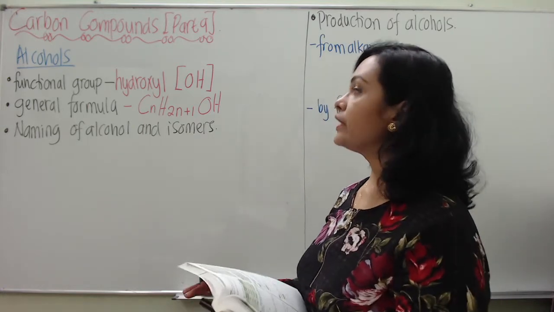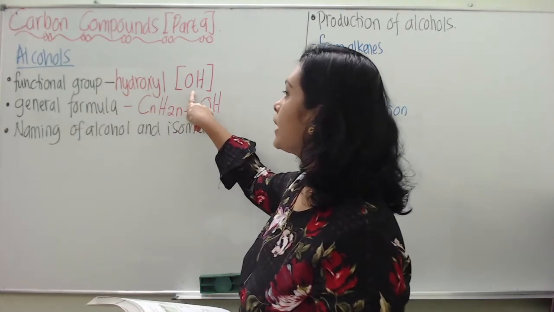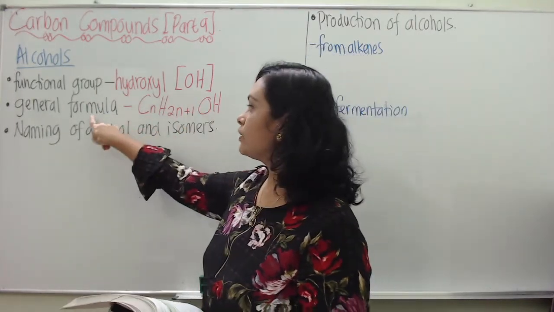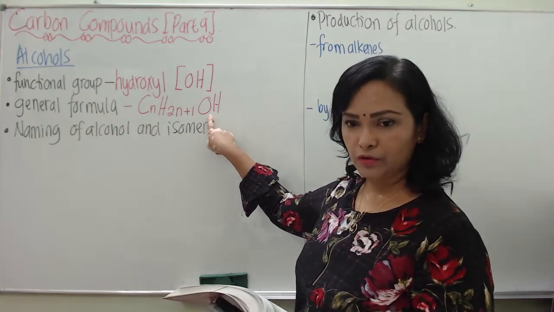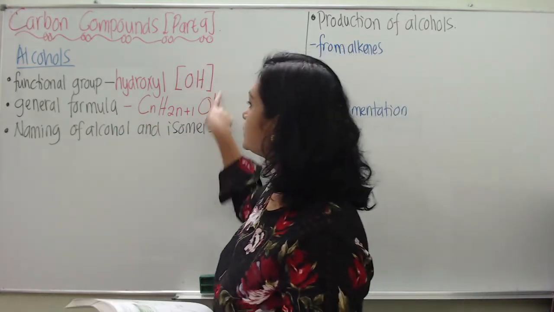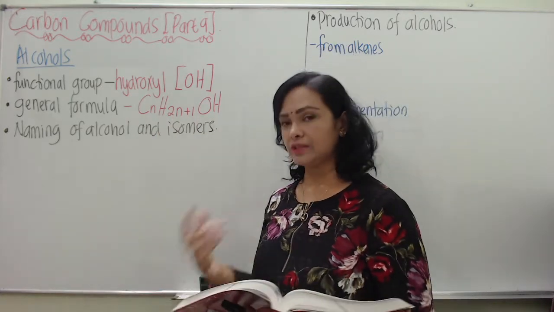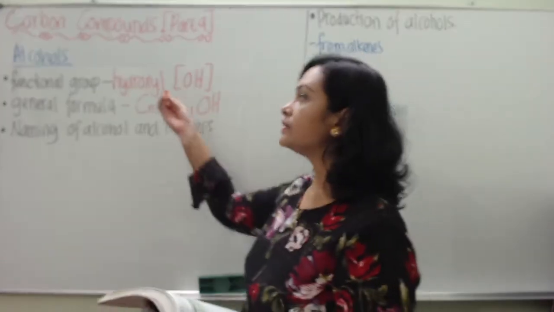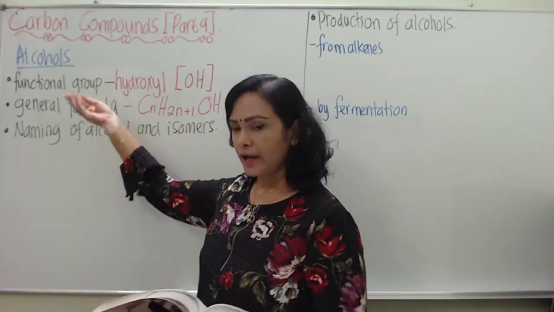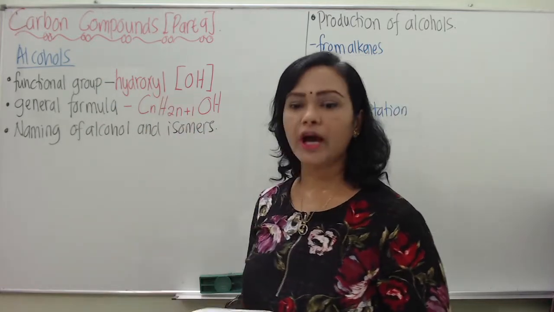All the members of alcohol follow the same functional group and the same general formula, thus this is one homologous series. So when the question asks what is the homologous series of this carbon compound, the answer will be alcohol, because the functional group is OH, hydroxyl.